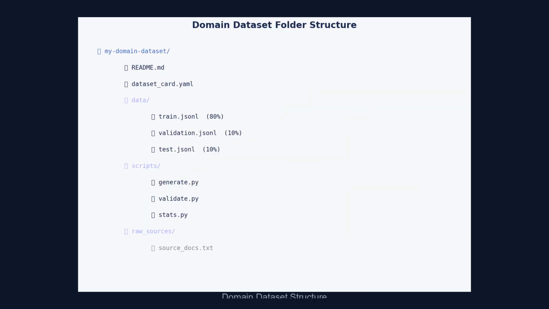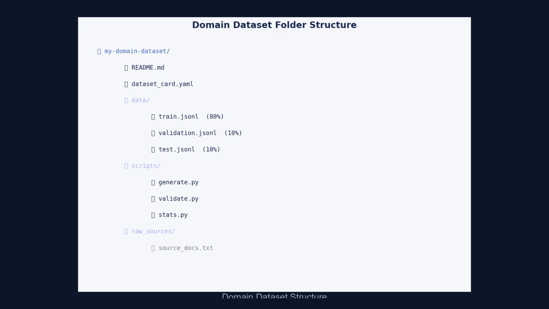Here's the recommended folder structure for a production quality dataset project. The top level directory is named after your domain, My Domain Dataset. Inside you have a readme.md documenting what the dataset is and how to use it, and a dataset_card.yaml containing structured metadata.